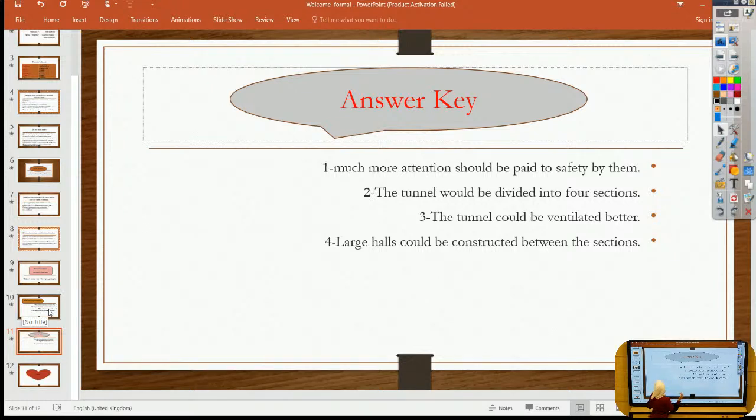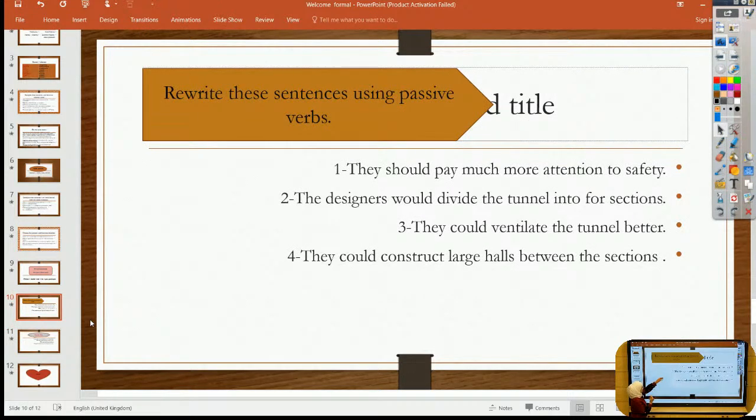Okay, return to the sentences before answers. They should pay much more attention to safety. I want the object. Where is the object here? They should pay what? Much more attention. This is the object. Then I put the modal. After the modal, be.